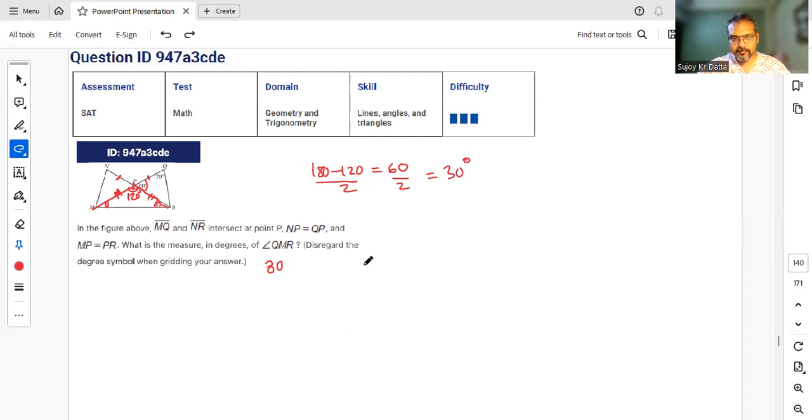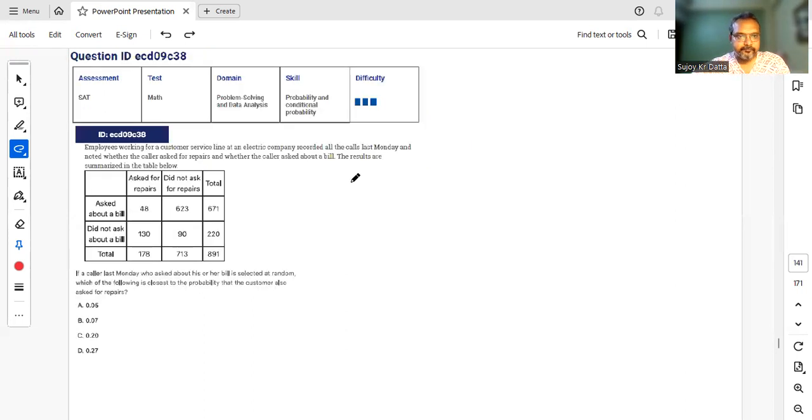Let's go to the next question. Employees working for a customer service line recorded all the calls, whether the caller asked for repairs or asked about a bill. The results are submitted here. Say a caller last Monday who asked about his or her bill is selected at random. So asked about the bill is this line, and we are only focusing on this.